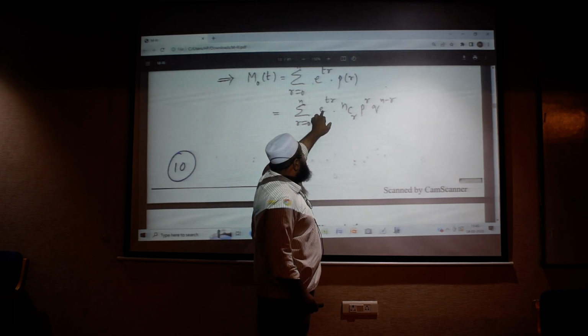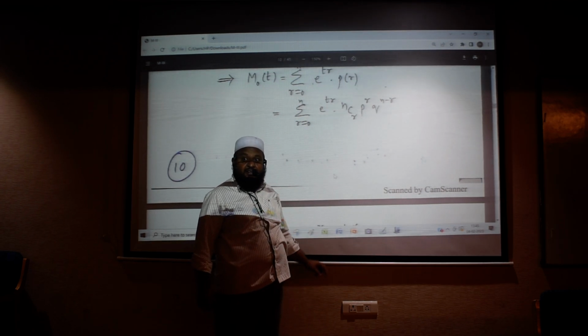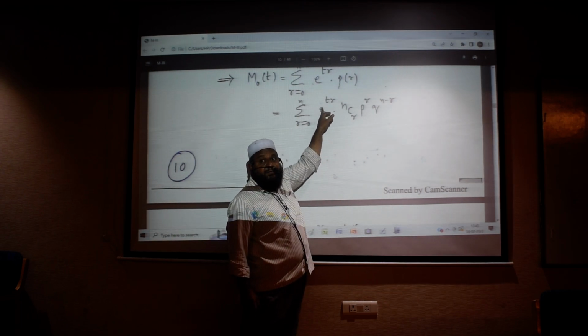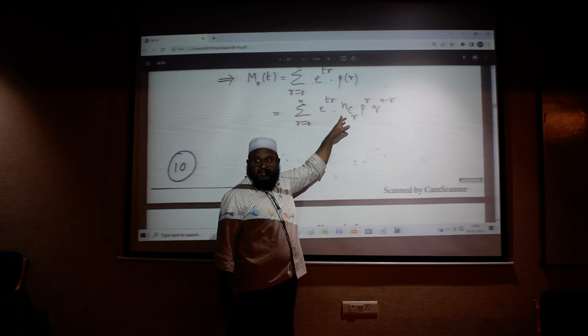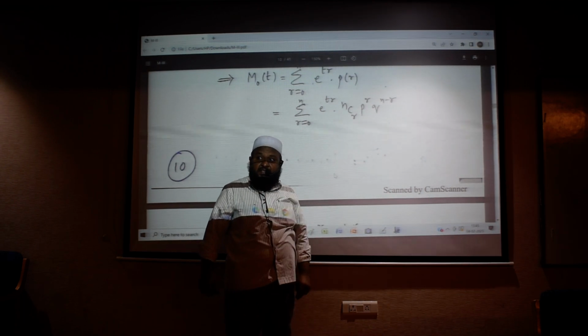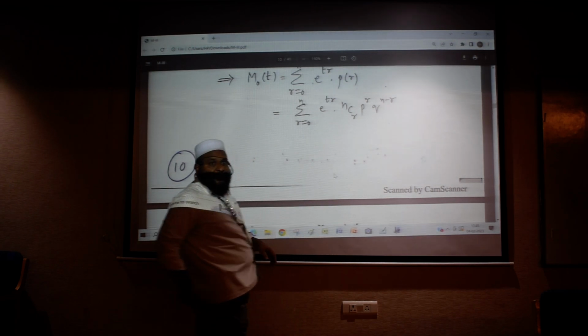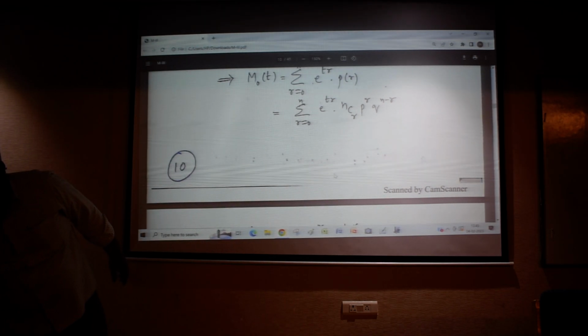Now e to the power of tr is the rth power of e to the power of t, so I can write it as e power t whole to the power of r. Combining both terms with p power r, we get p into e to the power of t, whole to the power of r. Everyone clear about this?